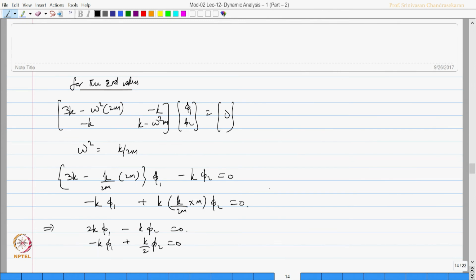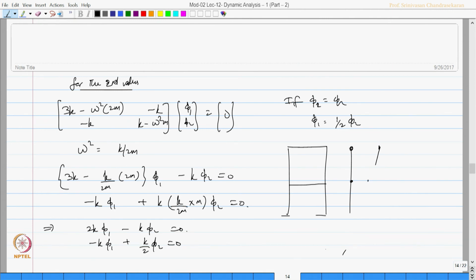So, if phi 2 is phi 2, then phi 1 is half of phi 2 from this equation. Okay. So, what does it mean is, in a system these are the mass points, phi 2 is 1 and phi 1 is half. Okay. So, I get the mode shape like this. So, there is no 0 crossing.